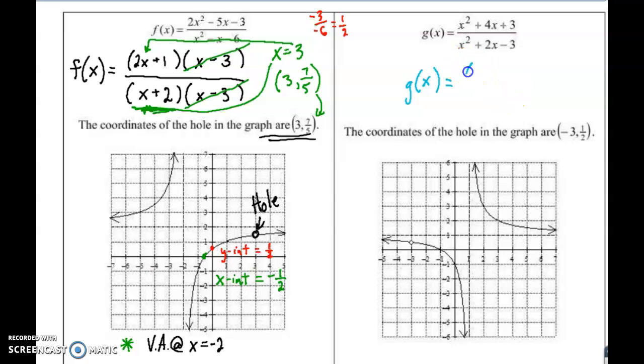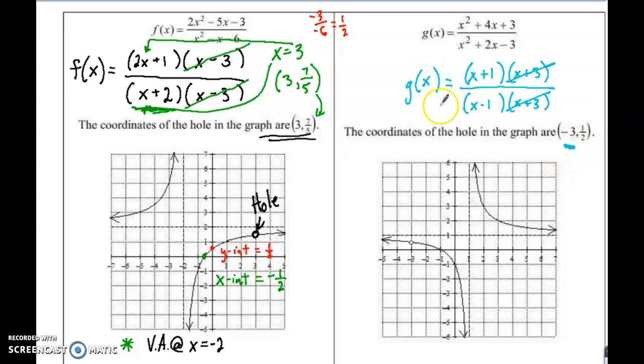That's my point. So if I asked you to factor, looking at x plus 1, x plus 3 will give me the numerator. Factor the denominator, that would be x minus 1, x plus 3. So as we look at the canceling term, x equals -3 is going to be your hole. Well, how do you figure out what the y-coordinate of the hole is?